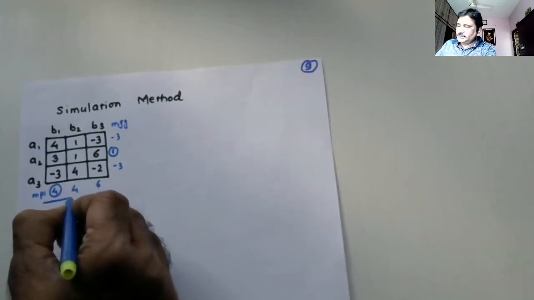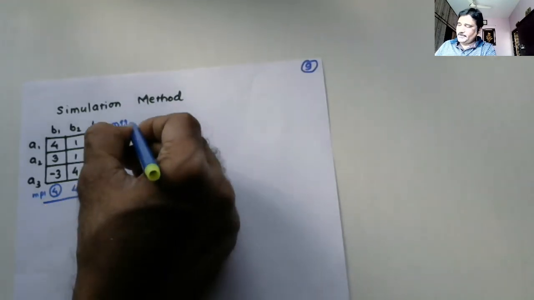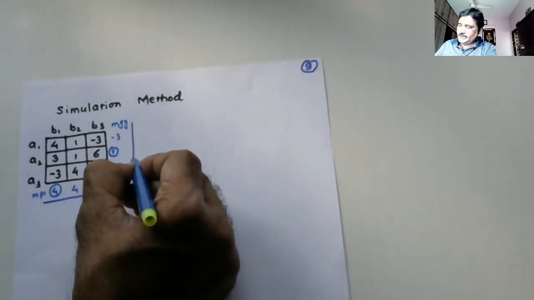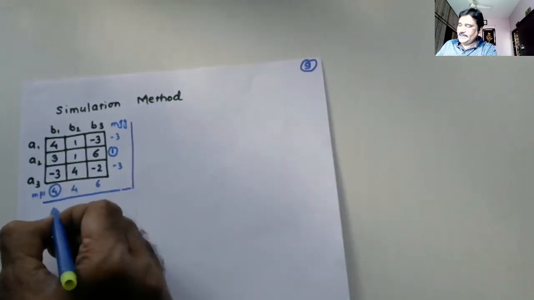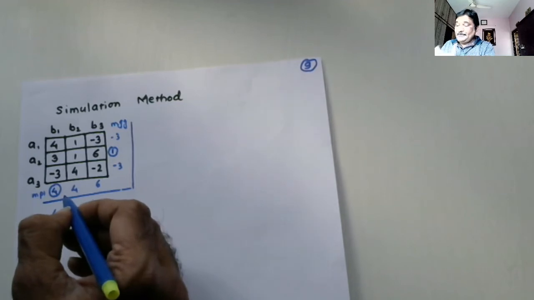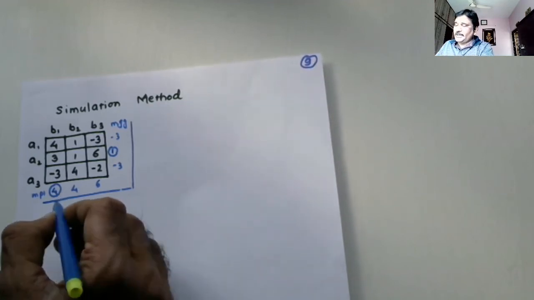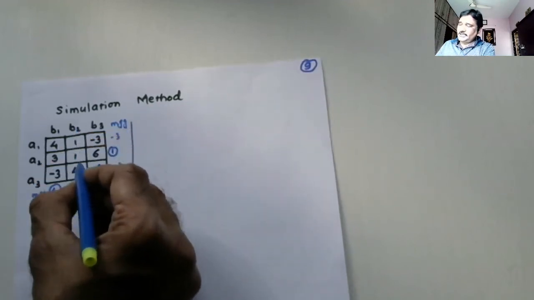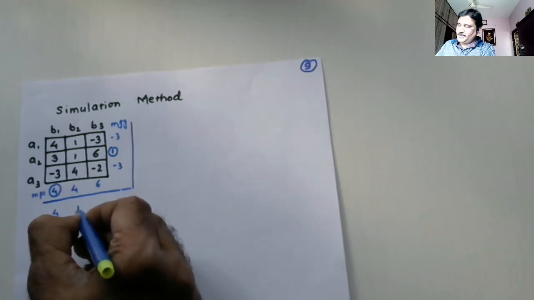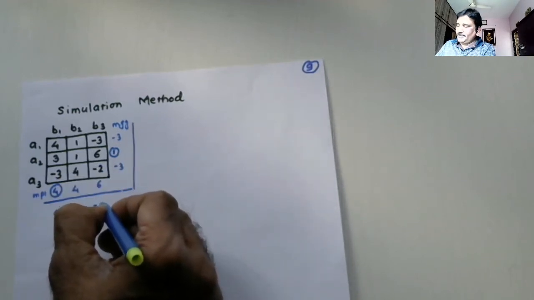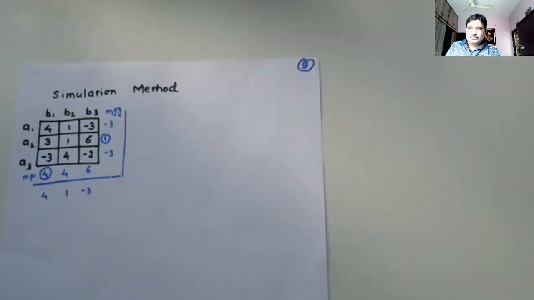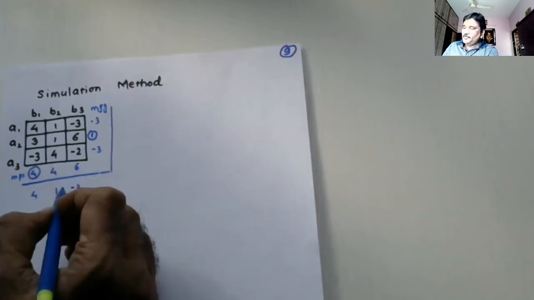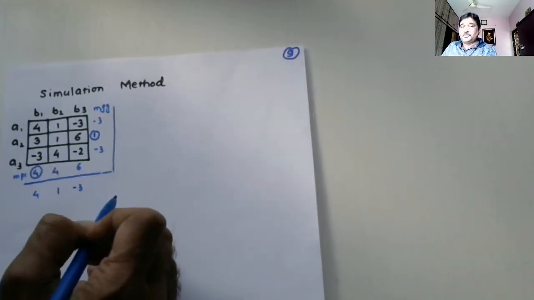Depending upon what is selected by player B, the gains to player A will be decided. The gain to player A will be 4 if player B plays B1 in response to A1. The gain will be 1 if B plays B2 and minus 3 if B plays B3. These are the gains to player A as well as losses to player B.